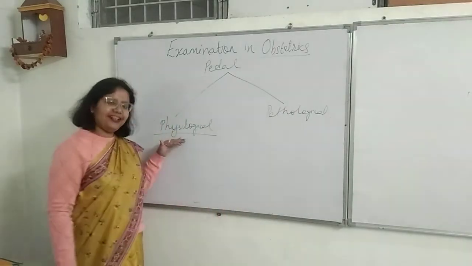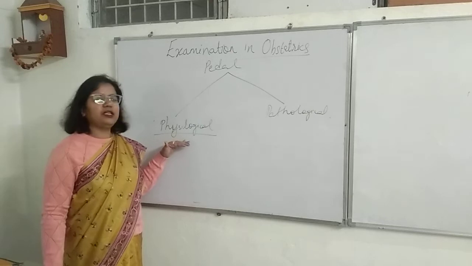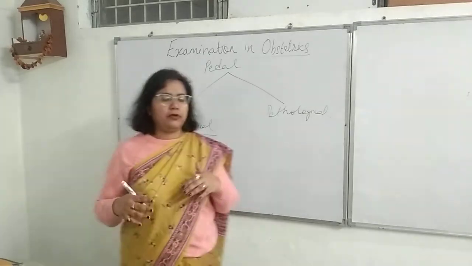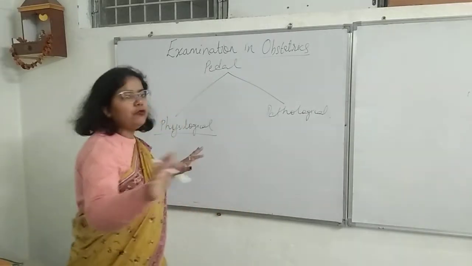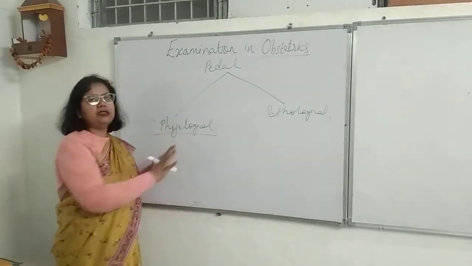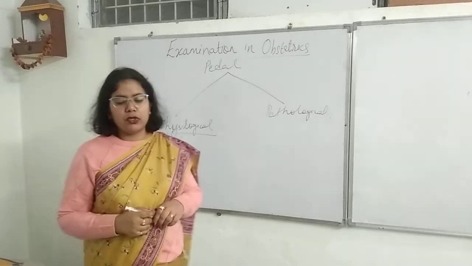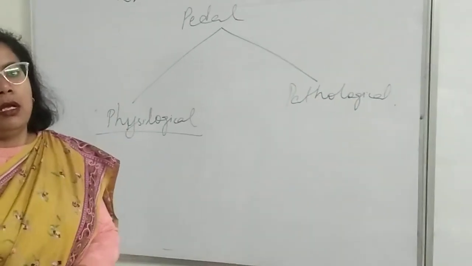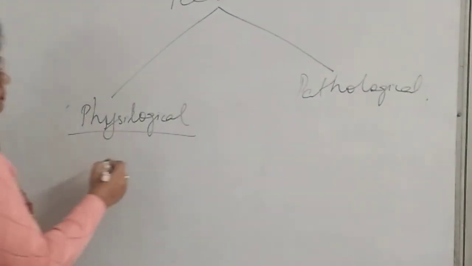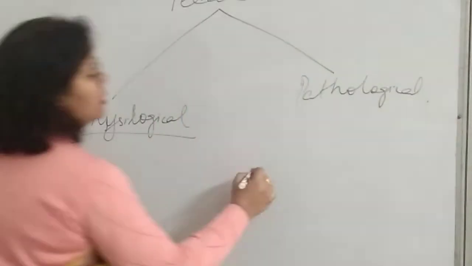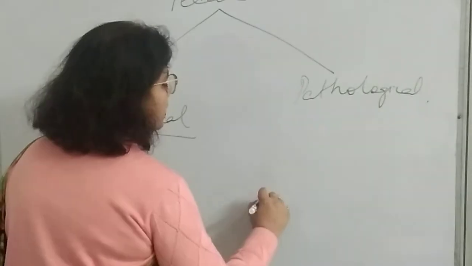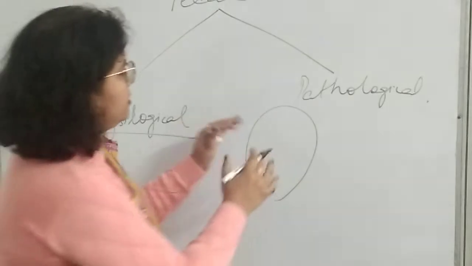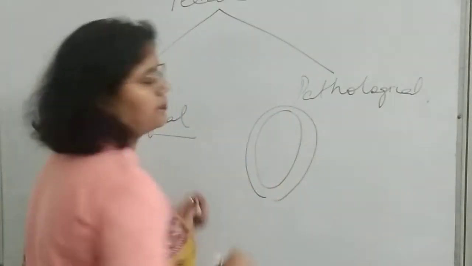To reassure her about physiological causes, you should be confident enough to say, okay, don't worry, this is a normal thing which you see in pregnancy. So what are the causes of physiological edema? We all know that after pregnancy, gradually the uterus enlarges, the whole baby is enclosed inside this uterus.